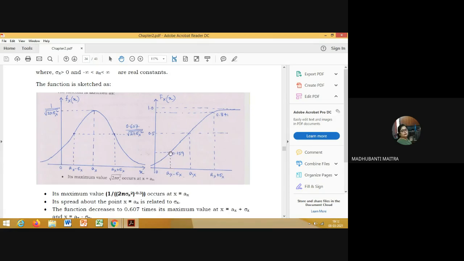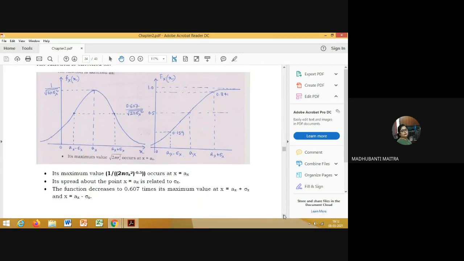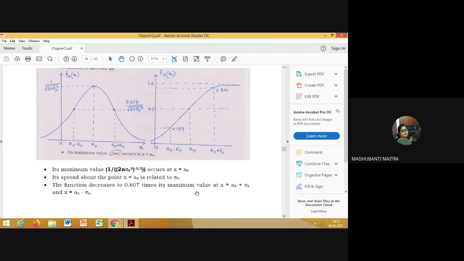This is the value of fx at this particular point, and after a while it will approach 1. This type of density function is known as the Gaussian density function.